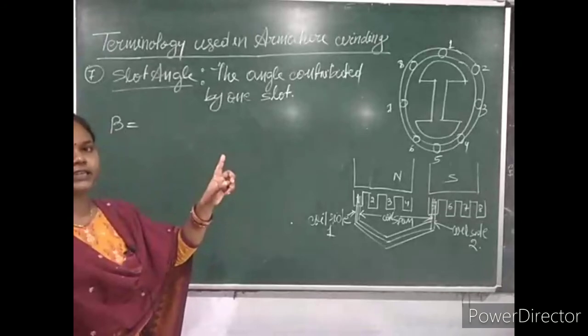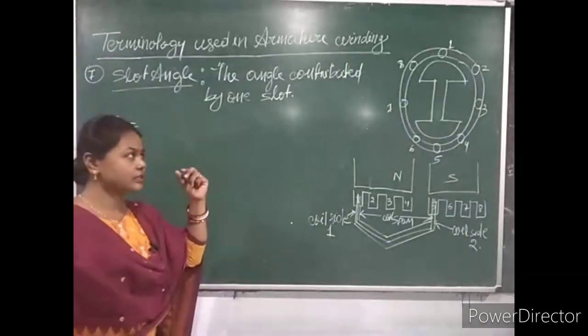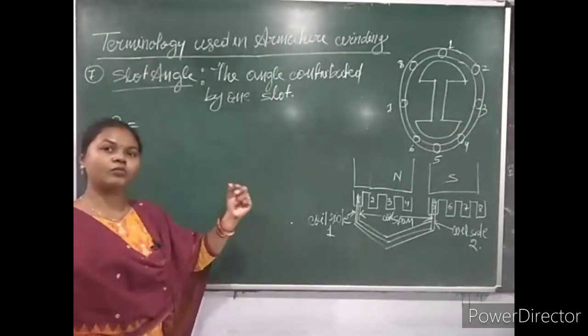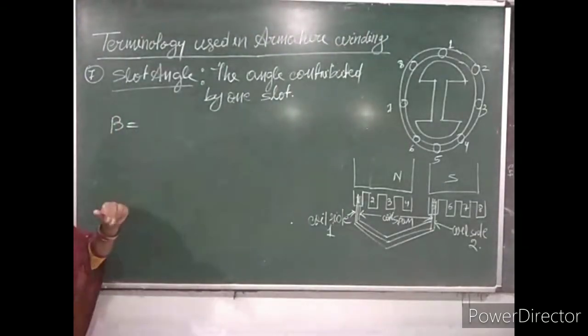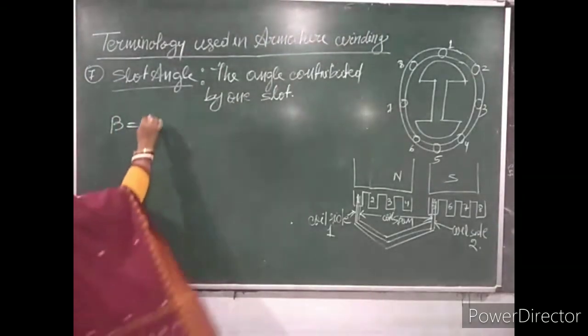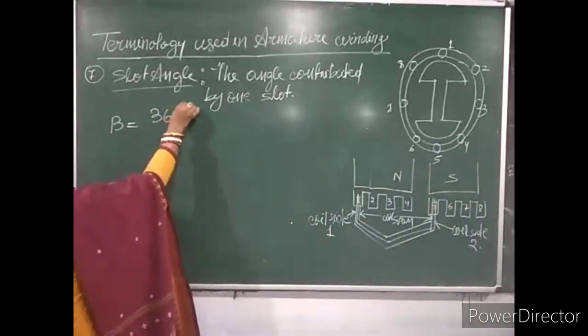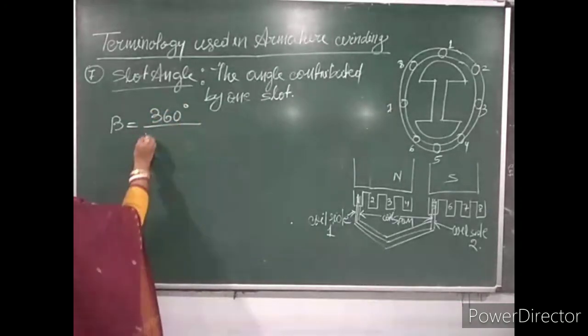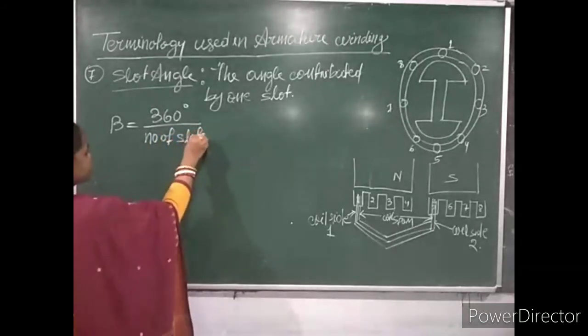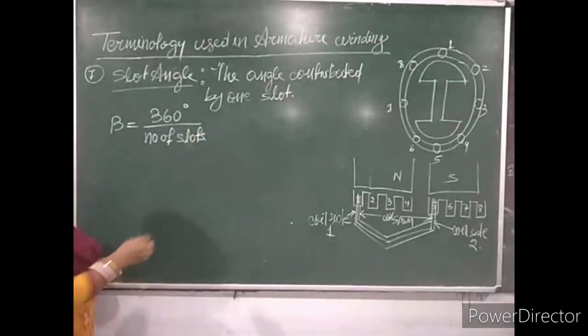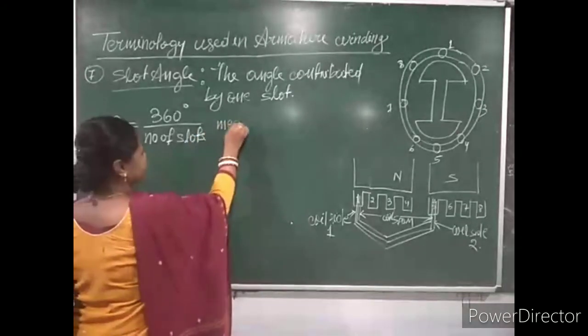How much angle does each slot contribute? It takes 360 divided by the number of slots present in the machine. This is in terms of mechanical.